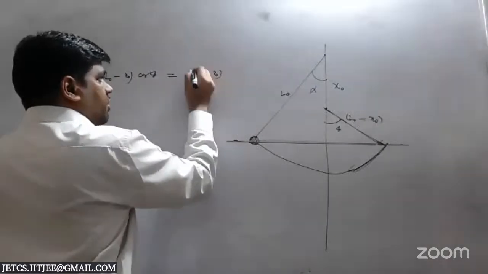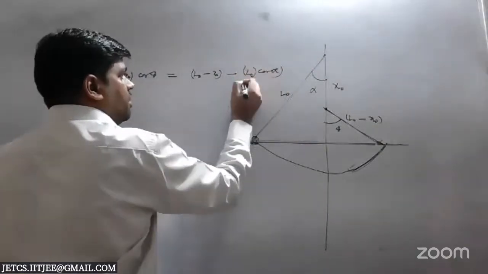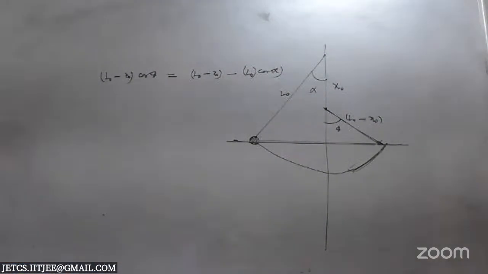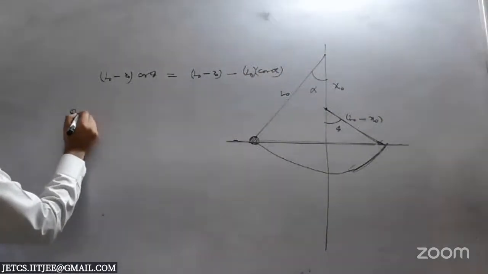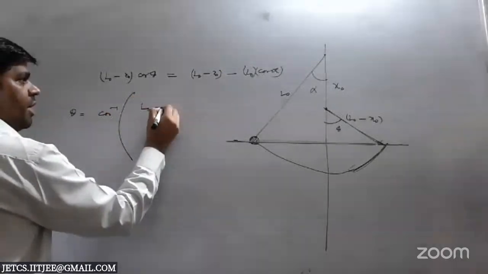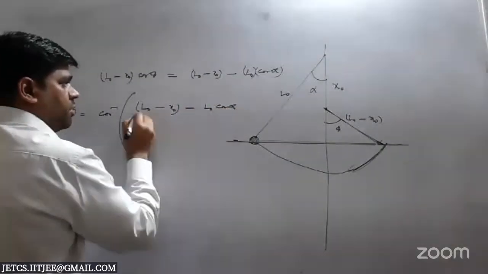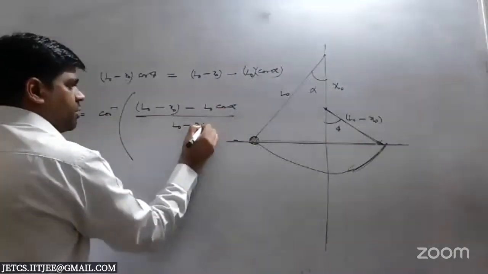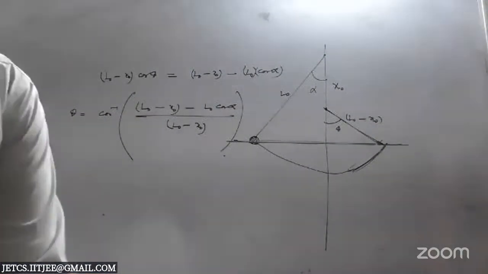L naught minus x naught minus L naught cos alpha, required to find theta. So I'll have theta is equal to cos inverse of L naught minus x naught minus L naught cos alpha by L naught minus x naught. Now substitute x naught as L, small l. That's what the answer is.